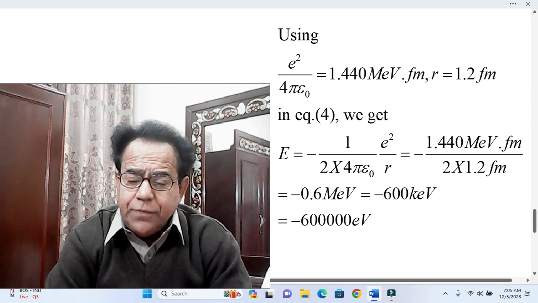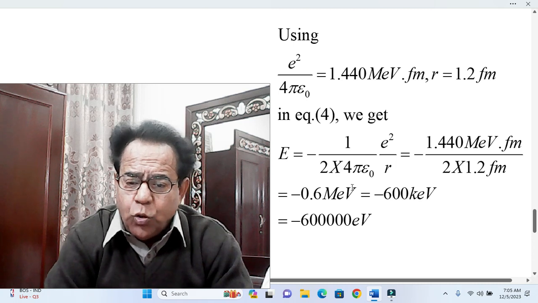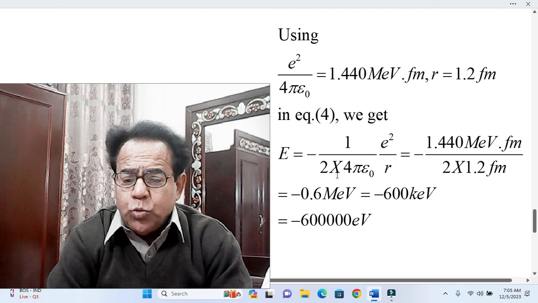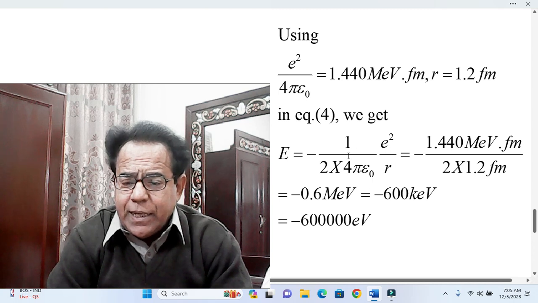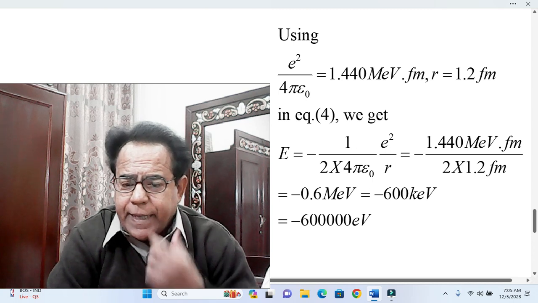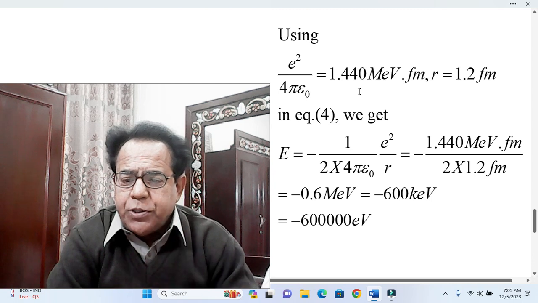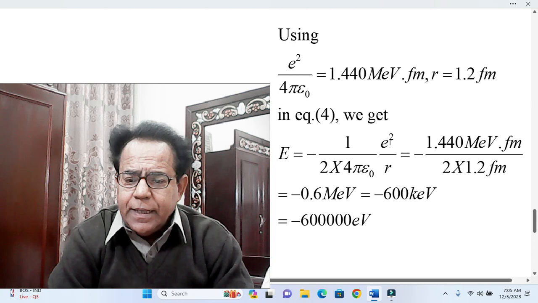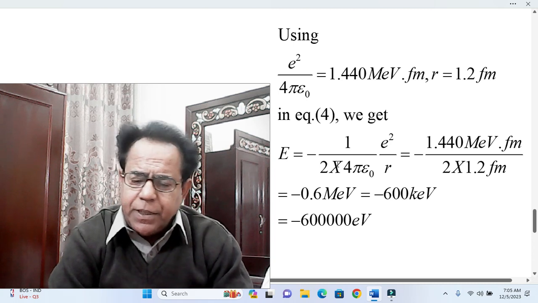First we have rearranged equation number 4 in this form, because 2 has been split into 2 into 4, because e square over 4 pi epsilon naught has a constant value 1.440 million electron volt. r is this and 2 will be separately used.